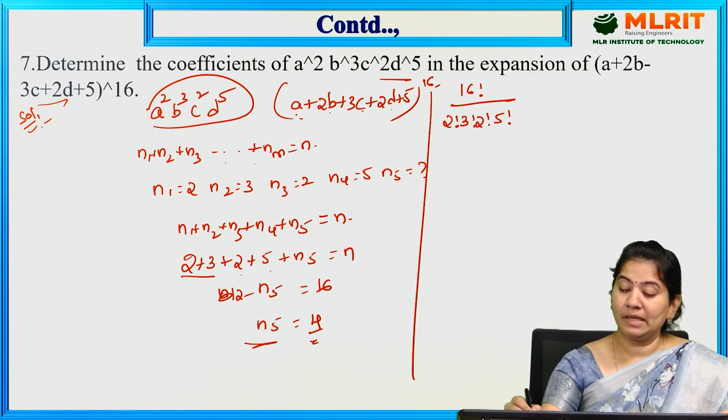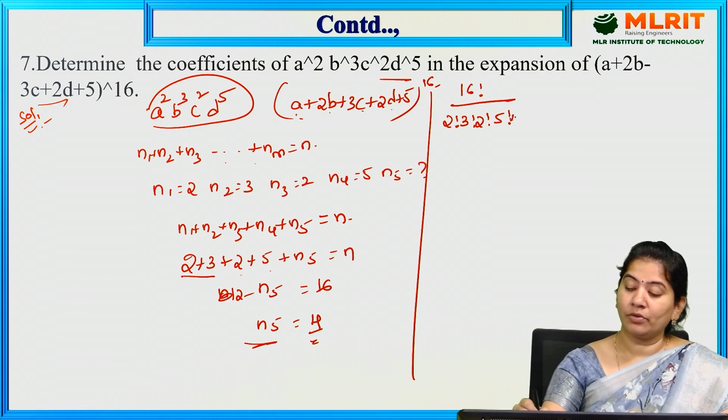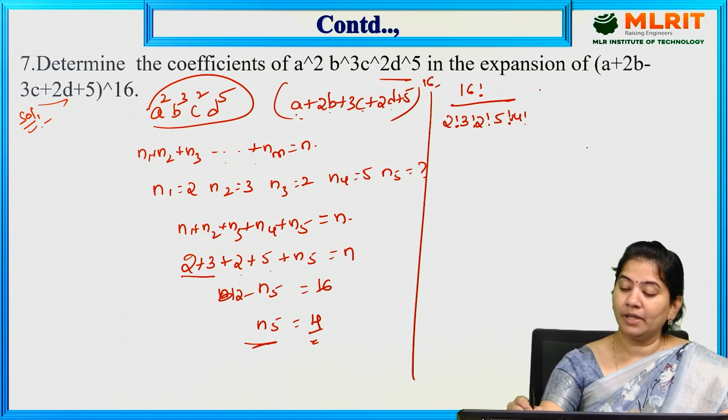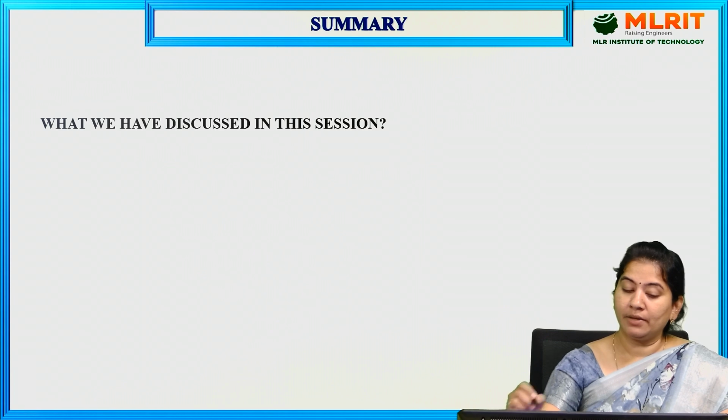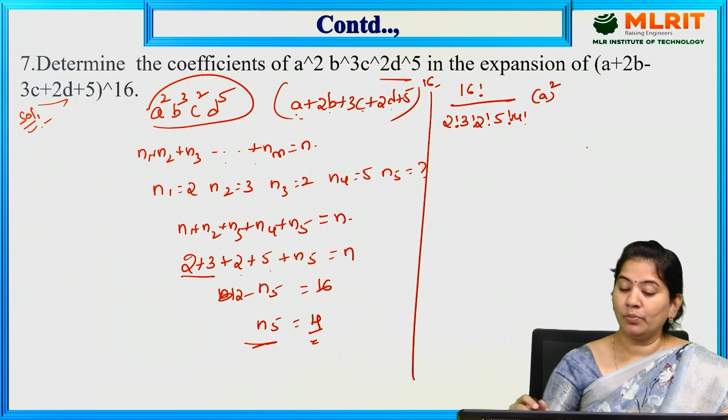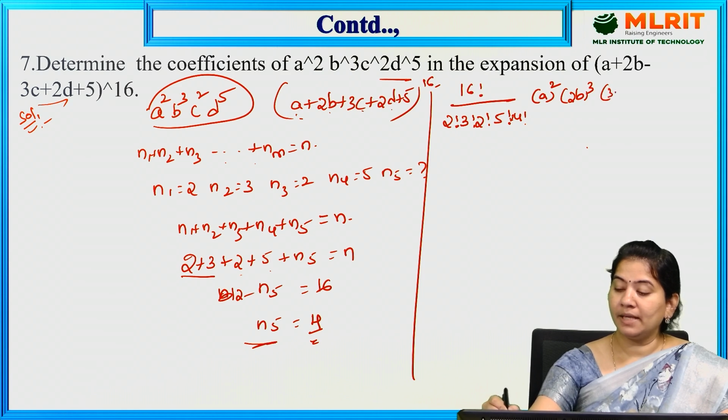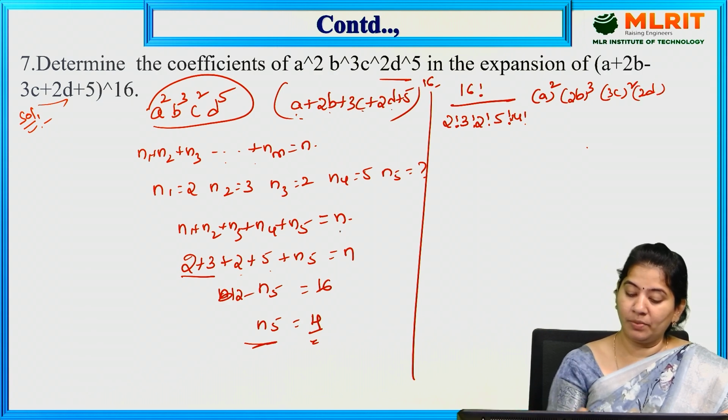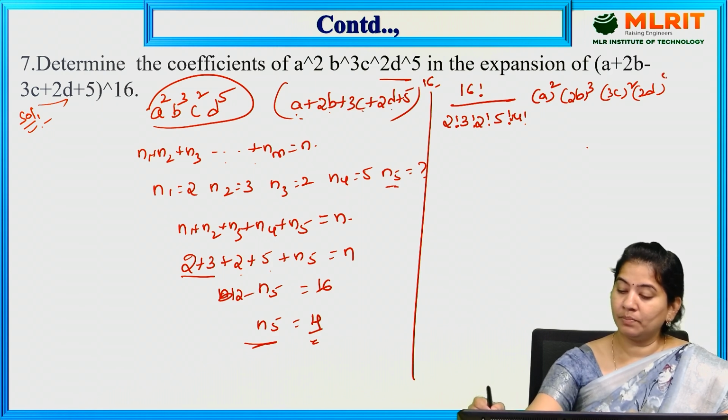So what is that? It is 4 factorial into a power 2, b cube. We know that (2b) whole cube and (3c) whole square, (2d) whole power. What is the d value here? 5 power 5, and this is the coefficient you are going to see.